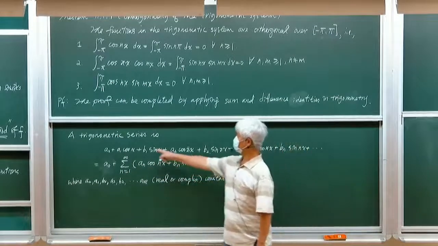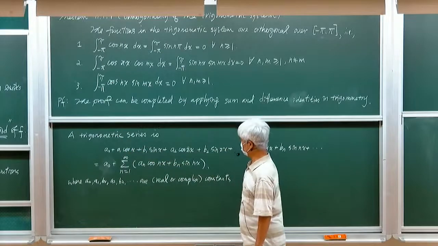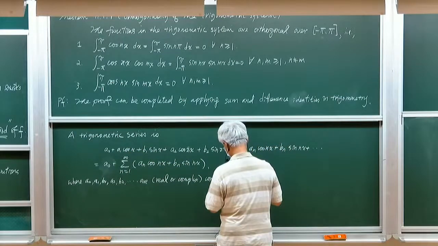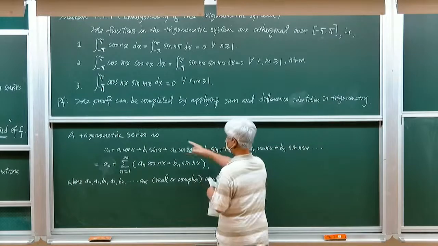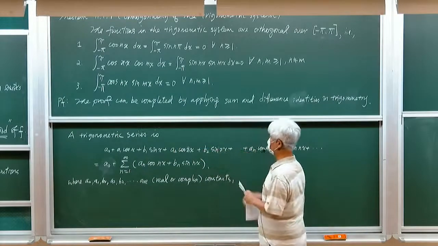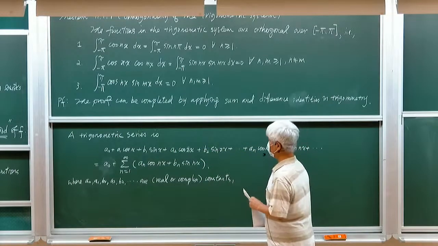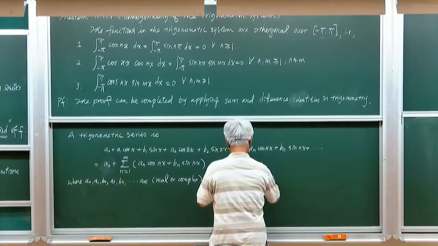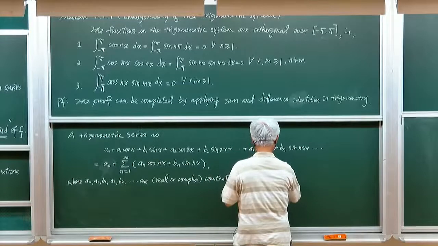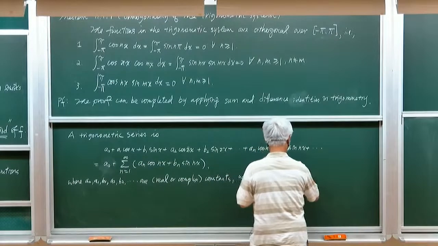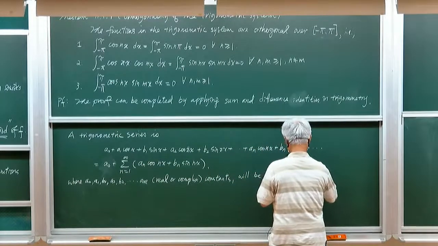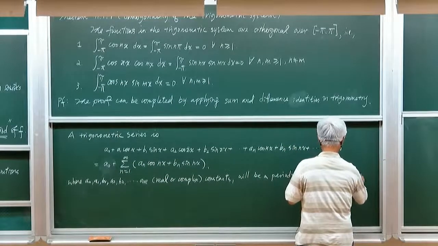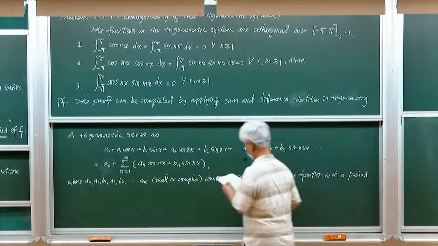Okay, so all these coefficients are constants. All right, and so such a trigonometric series will be a periodic function with a period 2 pi.